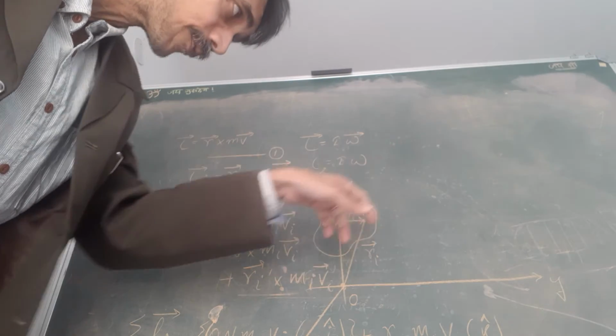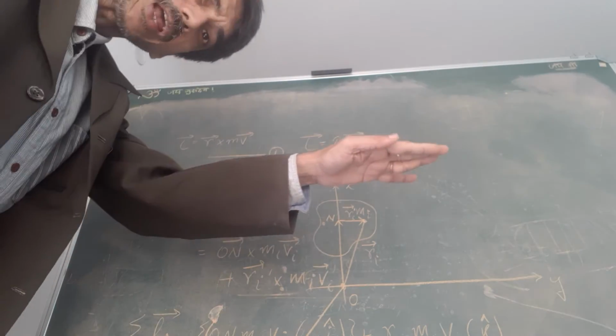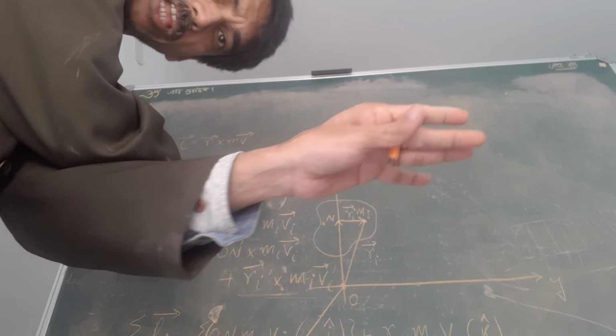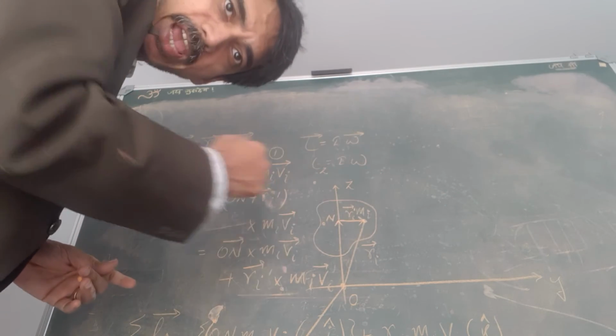Ri prime is this way for the particle that we took for study initially, and MiVi is into the board, bringing the tails together. Ri prime cross MiVi we got in the direction of the z-axis.